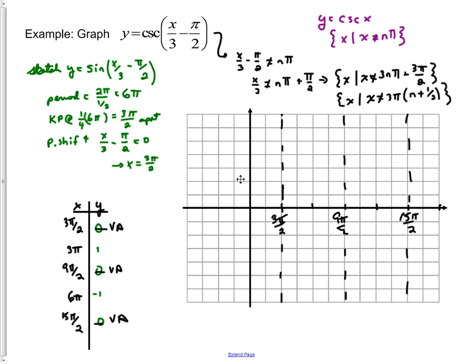The amplitude is 1 for the sine function, so here's 1 and here's -1. So in green, the sine function goes like this. There we go, something like that. And so our cosecant function within that one cycle will look kind of like this.